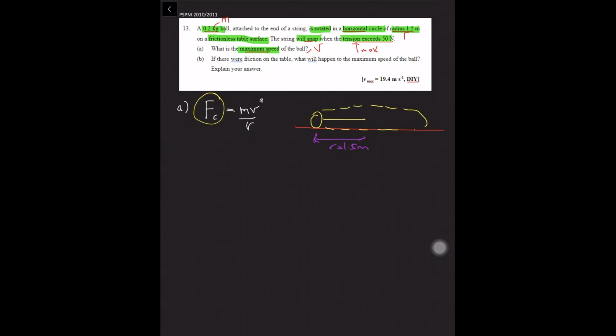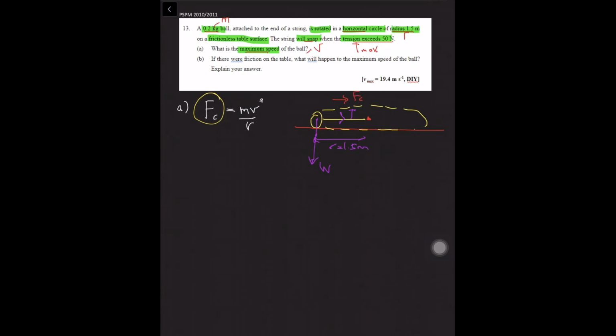There will be a tension in the string, and of course it will have the weight acting downward. Now identify the direction of centripetal force. Centripetal force is directed towards the center of the circle, right? Since the center of the circle is at the right side, Fc will be directed to the right.